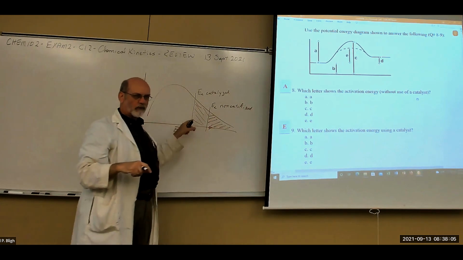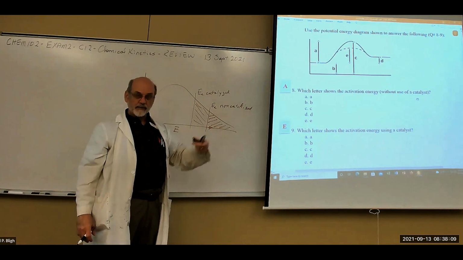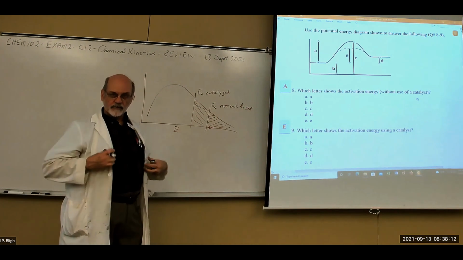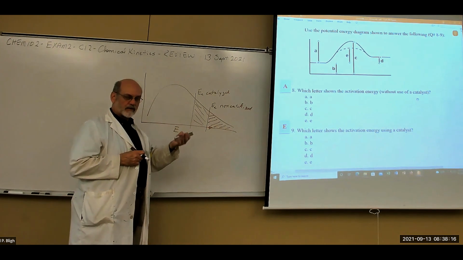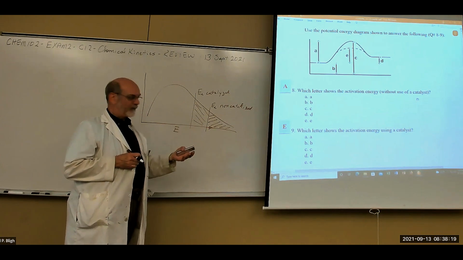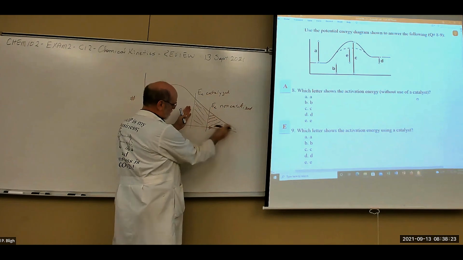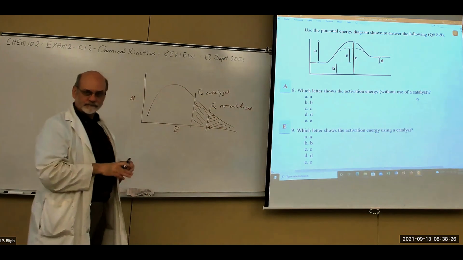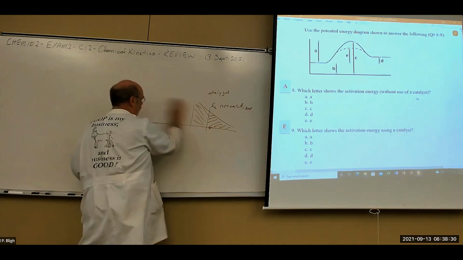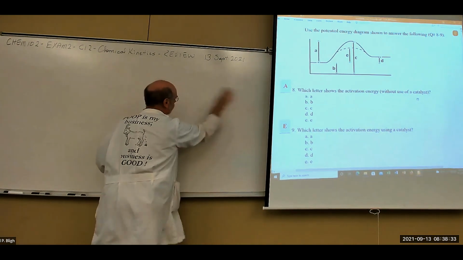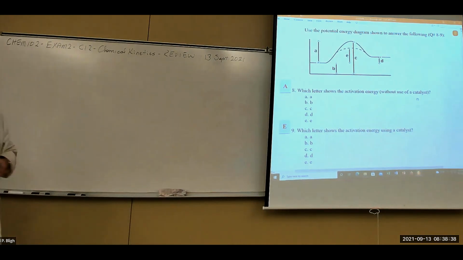So you have more molecules with sufficient energy to react, which speeds up the reaction, right? Because what's the reaction rate? It's a change in either reactants or products over time. And if you've got more of them available to react, then you speed up the reaction. Okay. That was 9.